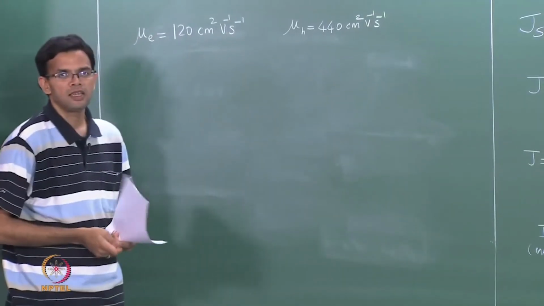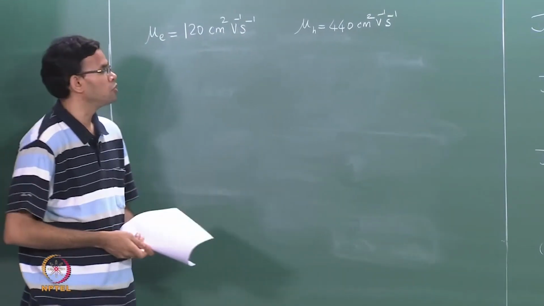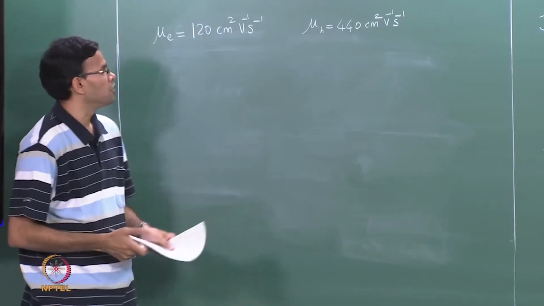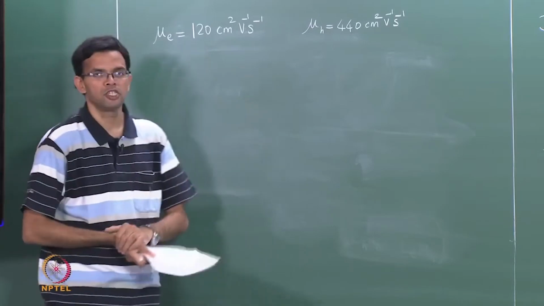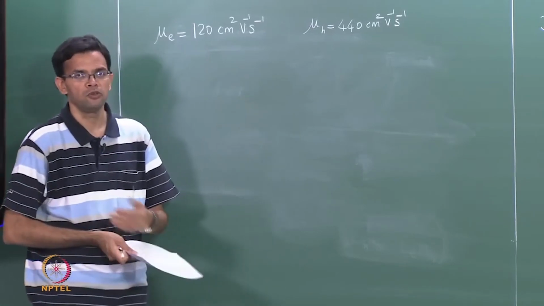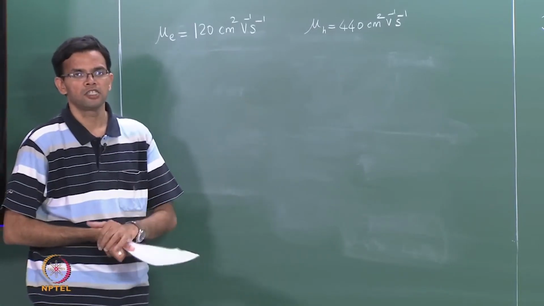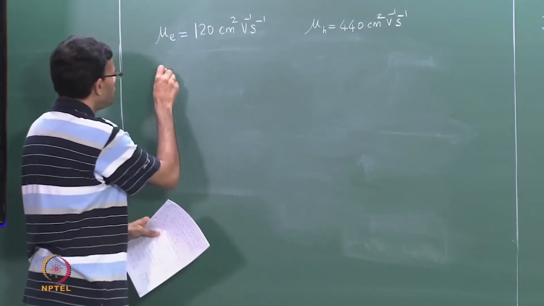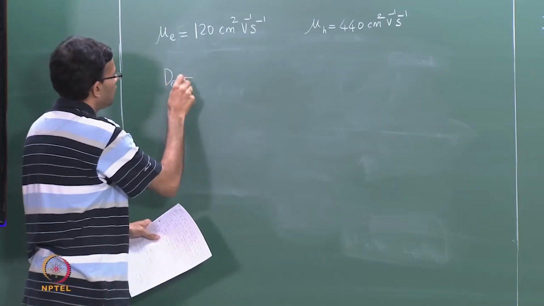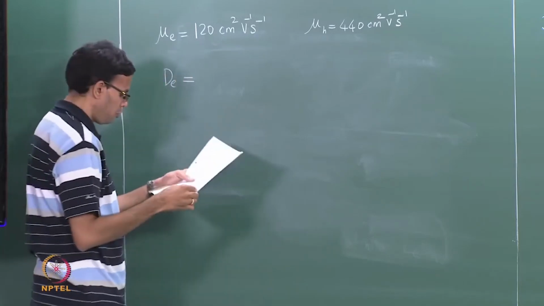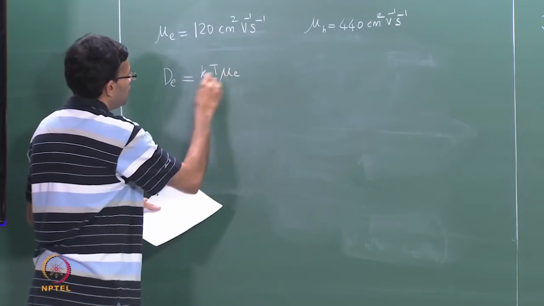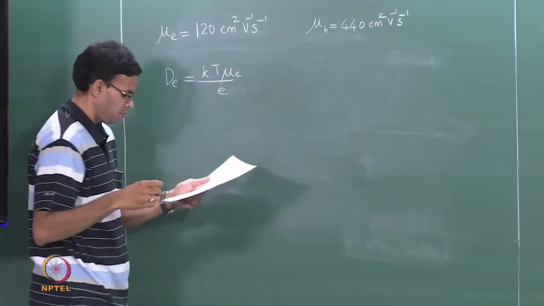So, mobility in the case of a semiconductor usually goes down with increasing doping concentration. So, there are standard tables from which we can get these values of mu e and mu h as a function of the doping concentration. So, once we know mu, we can calculate the diffusion coefficient, nothing but kT mu e over e.